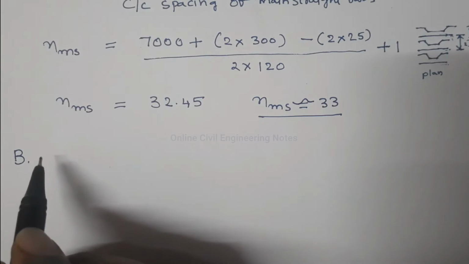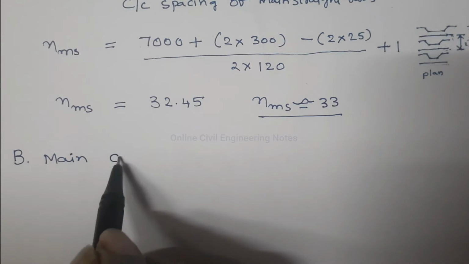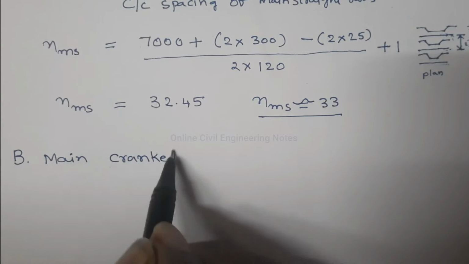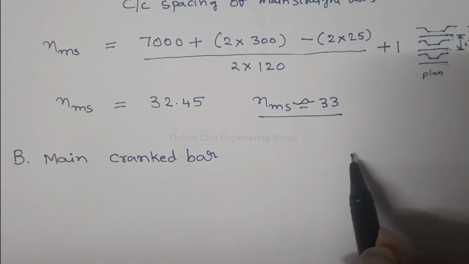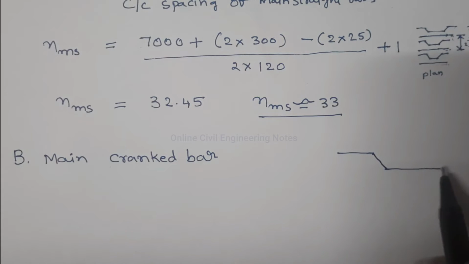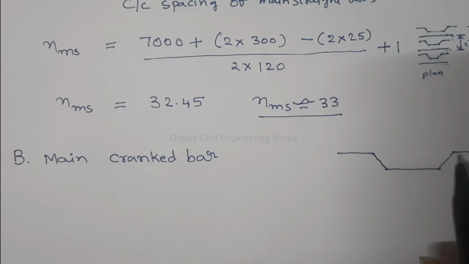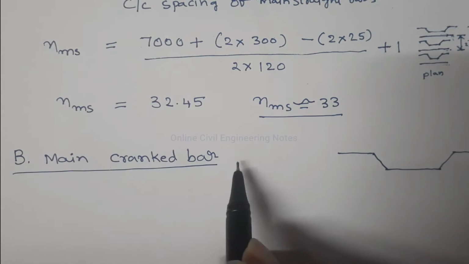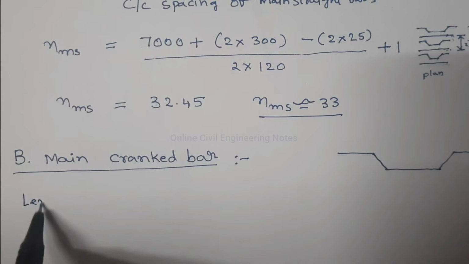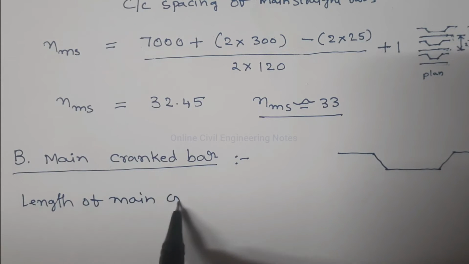The second bar is main cranked bar. The cranked bar is having the cranks on either side.